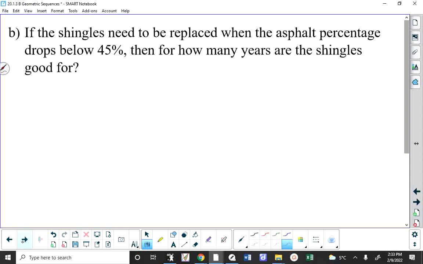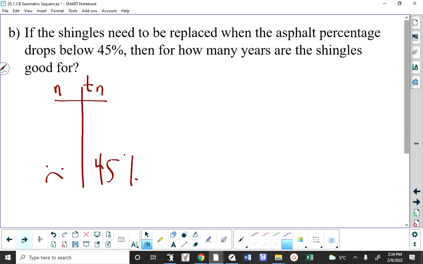So if it drops below 45%, it's time to call a contractor and get them to put on a new roof. How many years are the shingles good for? So what this is saying is that when this hits 45%, you better start thinking about replacing the roofing.